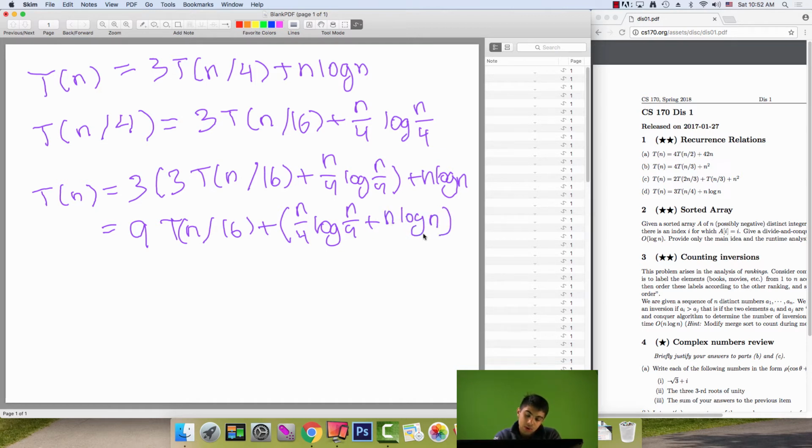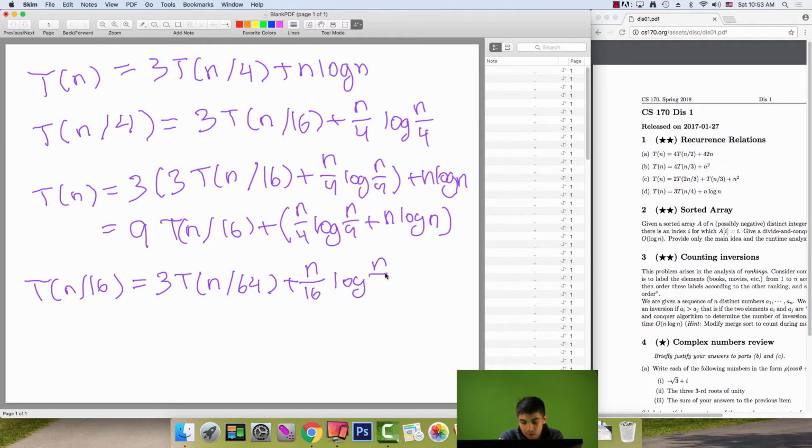All right, so just to see if we can find a general pattern, let's substitute another layer down. So let's solve for T(n/16), which again is just going to be 3T(n/64) plus (n/16) log(n/16).